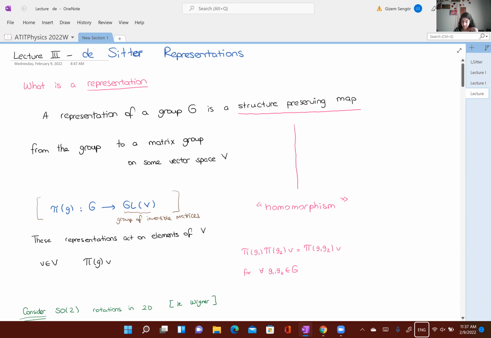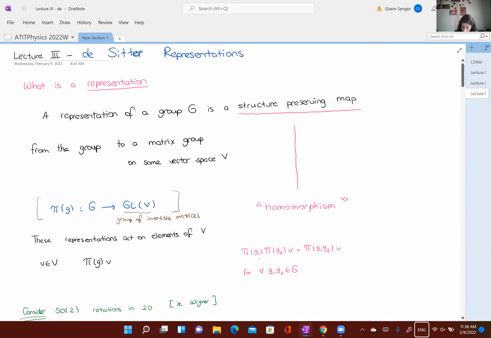Now, what does it mean to have a structure preserving map? These maps are called homomorphisms. Morph is a Greek word for structure, and homo means similar. So it says it even in its name. But what does this mean?